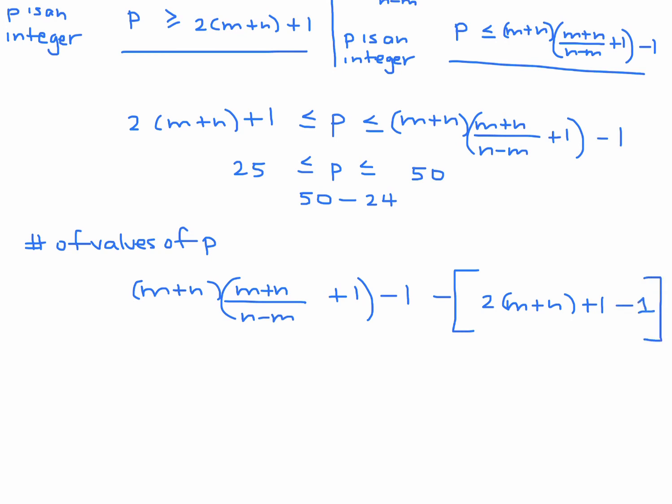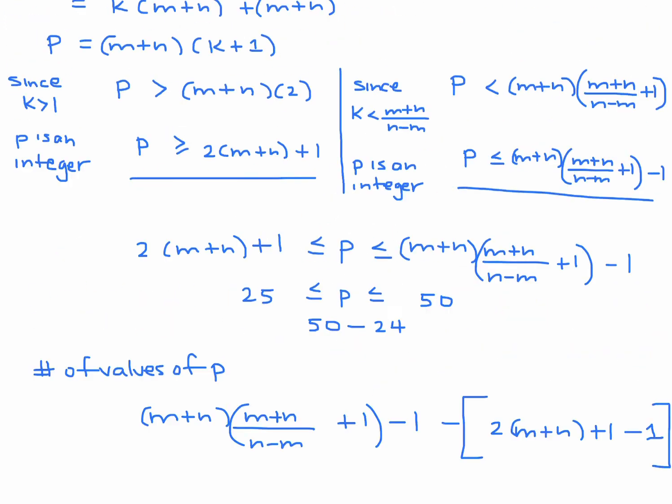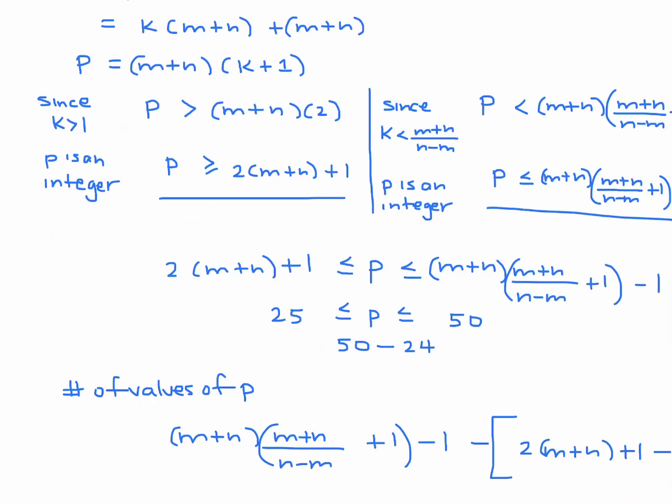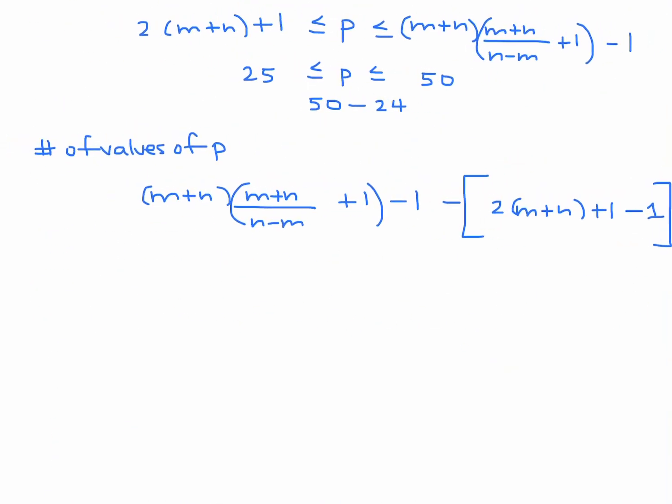So minus 1. Exactly like I did for this right here. And then they told me that the number of values of P is equal to something. In the question, the number of possible integer values for P is this, M squared plus 2M minus 1. So that M squared plus 2M minus 1 is essentially what this whole thing is equal to. So I'll put it here. M squared plus 2M minus 1. And there you go. This is what we have to now simplify.